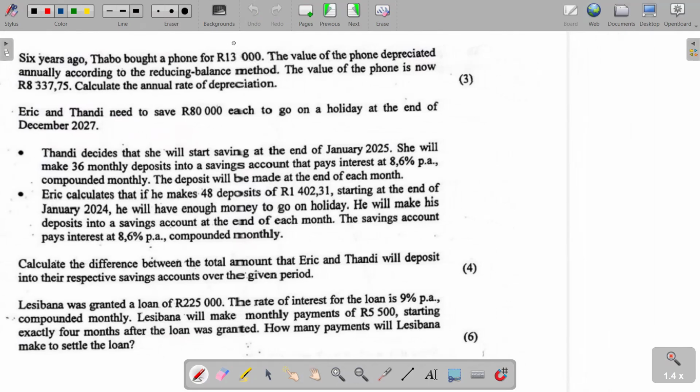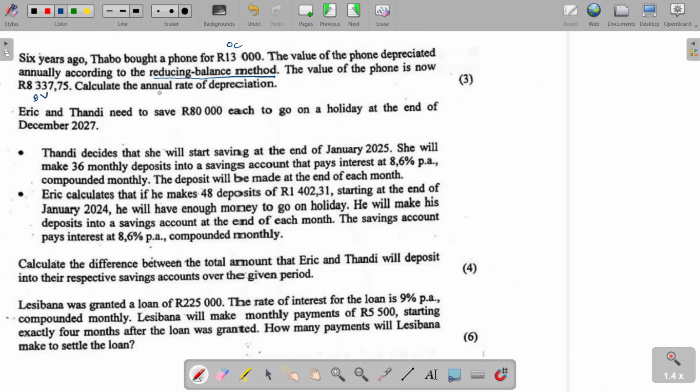So it's the original cost. The value of the phone depreciated annually according to the reducing balance method. So we already know that it was depreciating using the reducing balance method. The value of the phone is now 8,000. So this is now the book value or the residual value.